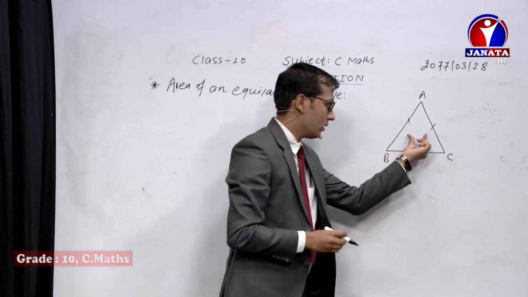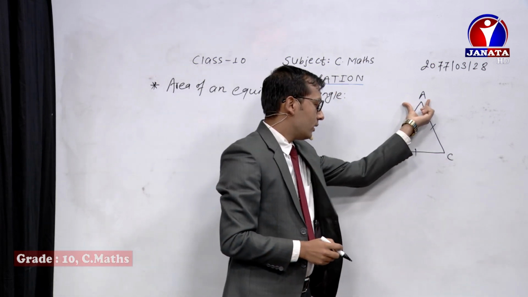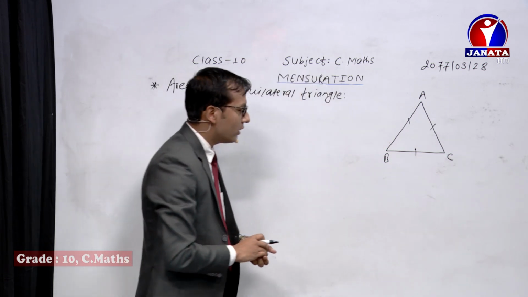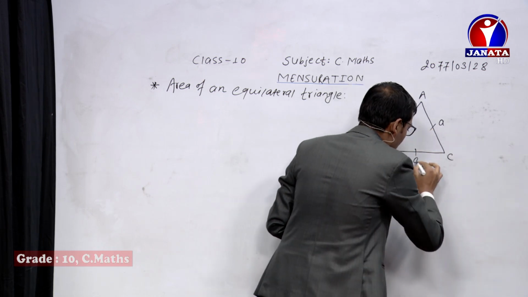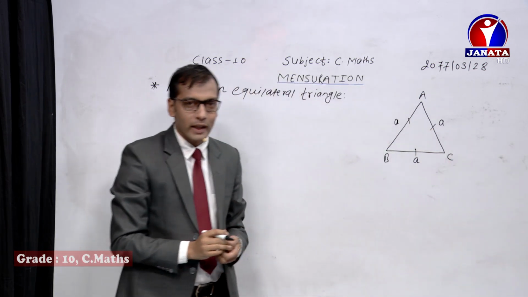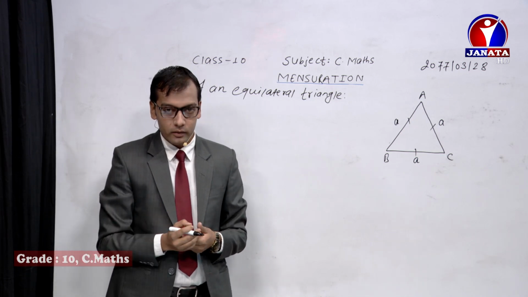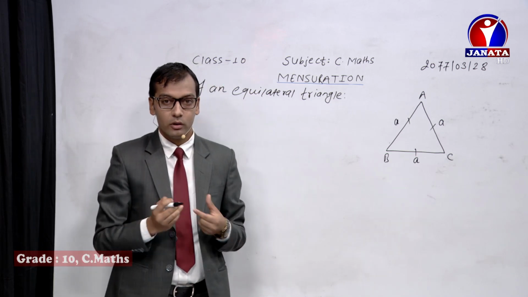So this is an equilateral triangle. Here, the three sides are AB, BC and AC. They are equal in length. If we denote the side of an equilateral triangle by A, then A is the length of each side of the equilateral triangle.